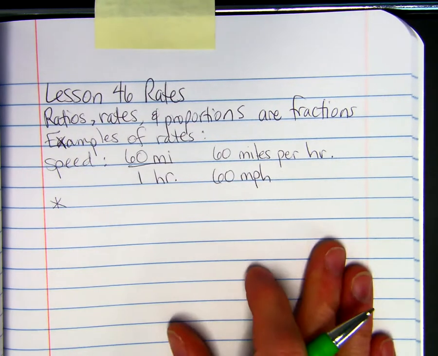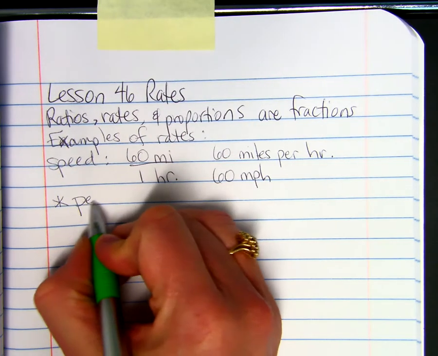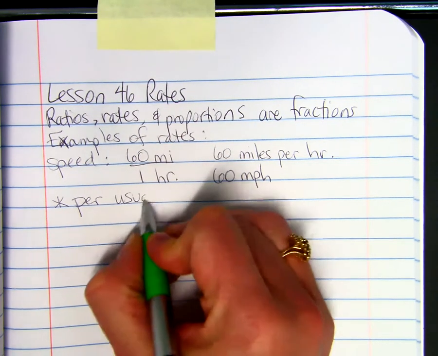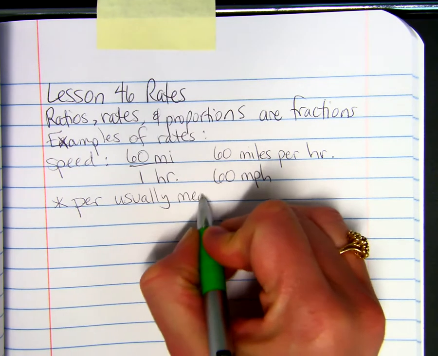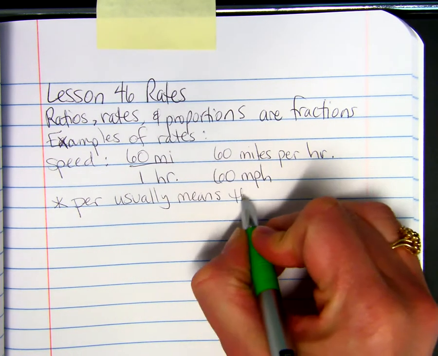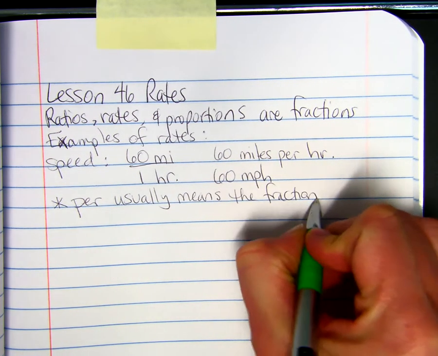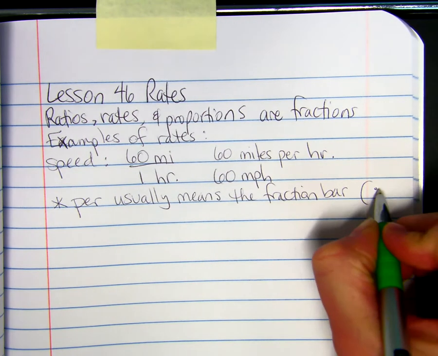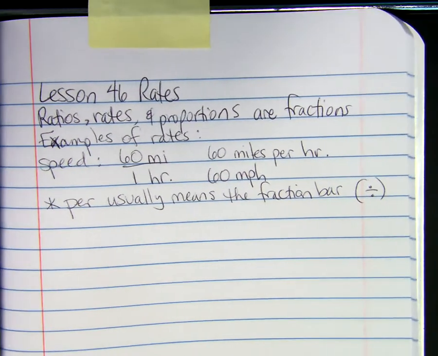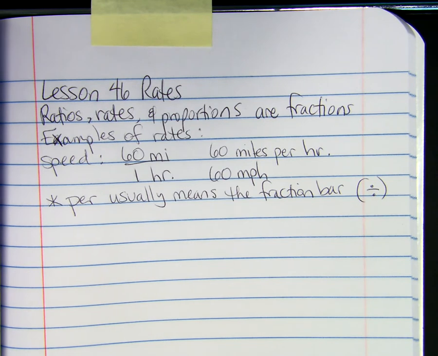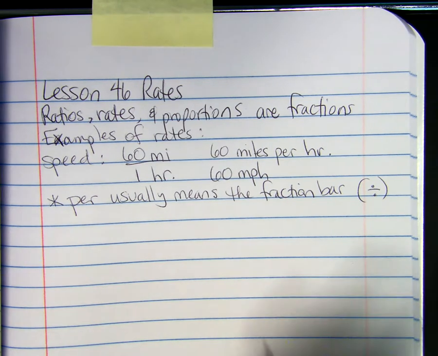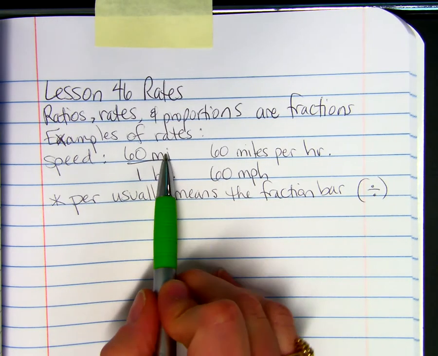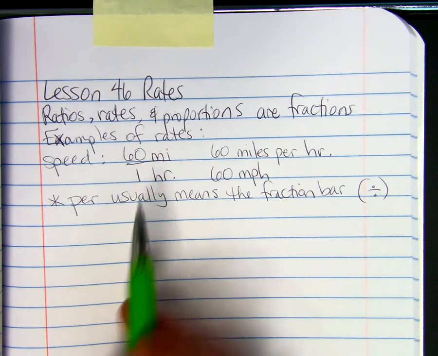When you are reading a word problem, the word per usually means the fraction bar or division sign, to divide by. So if we said miles per hour, you would put the number of miles over the number of hours.